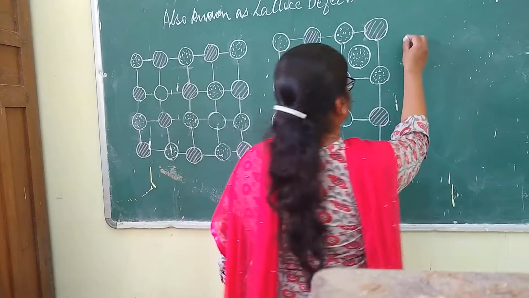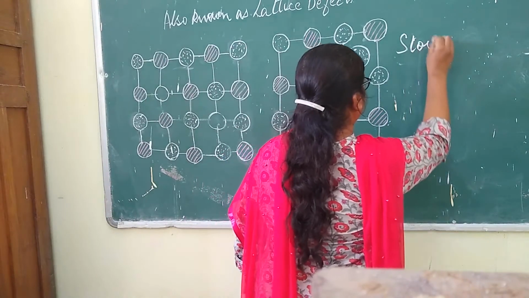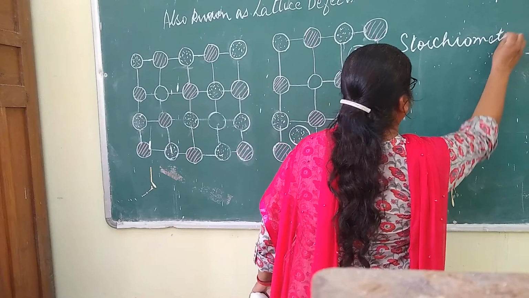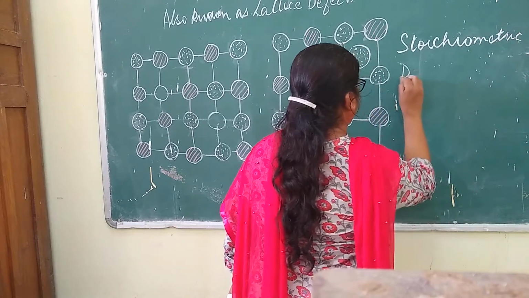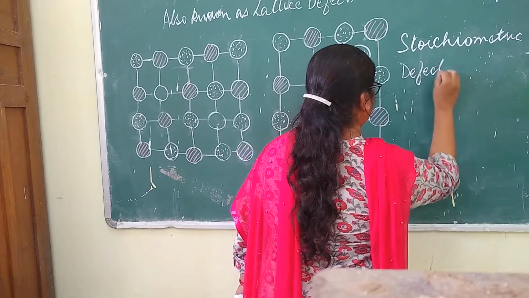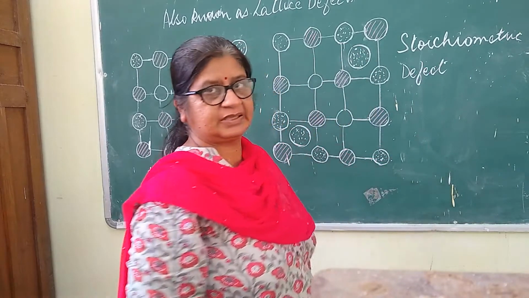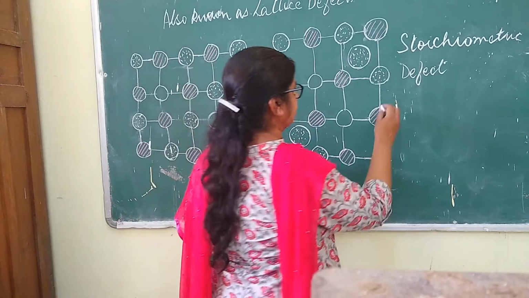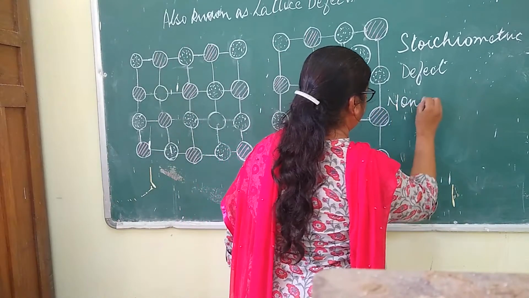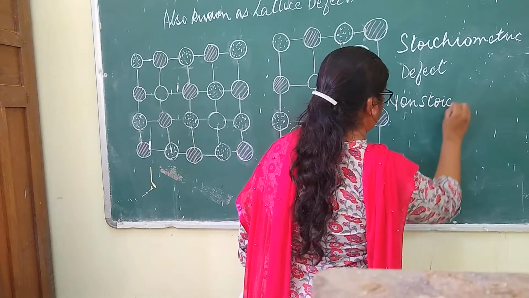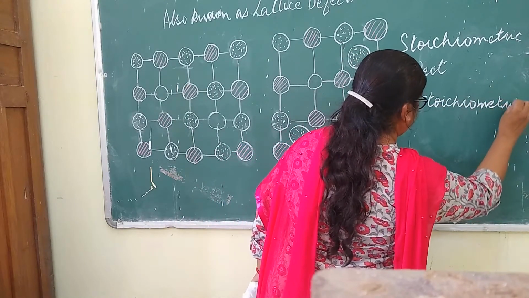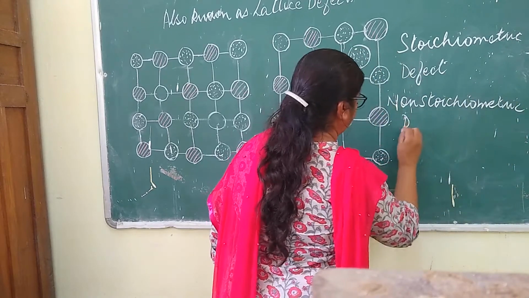One is stoichiometric defect. This defect is seen in the stoichiometric solids. Second is non-stoichiometric defect.